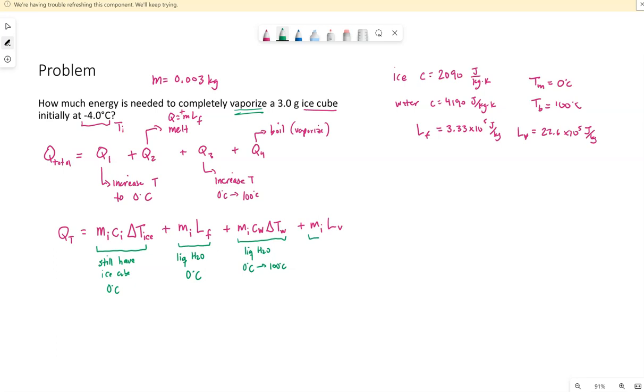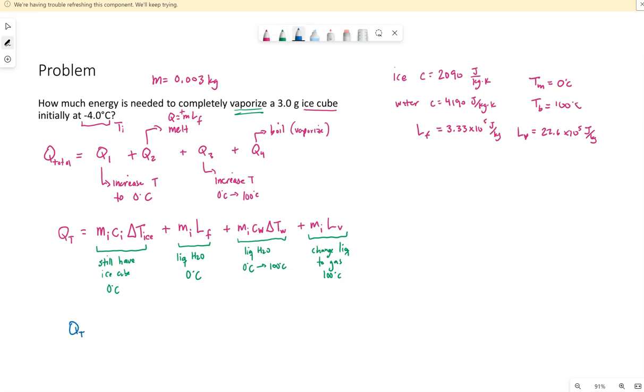So L sub V is needed, vaporization. So change liquid to gas. It will still be at 100 degrees Celsius. If we wanted to make it hotter, we would have to add another term that would account for increasing its temperature once it's at a gas. But that's not what we're doing here.